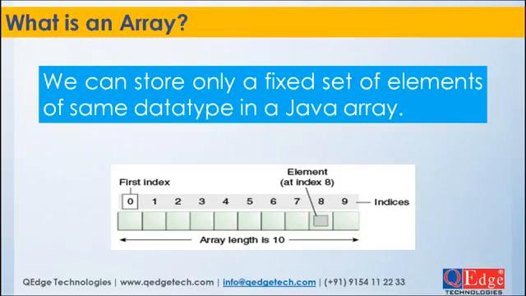In the first index, integer. In the second index, Boolean. In the third index, some other data type, not allowed in arrays. So we can store only a fixed set of elements of the same data type in a Java array. Right.